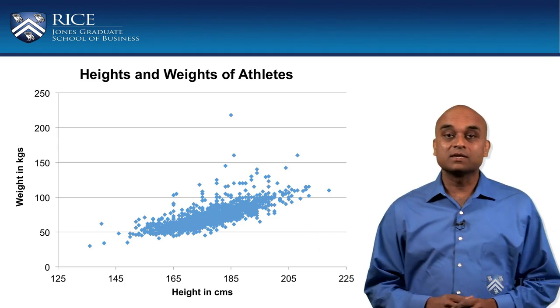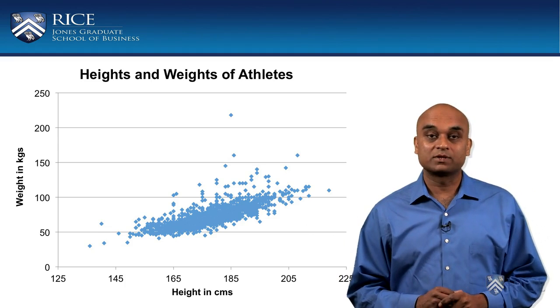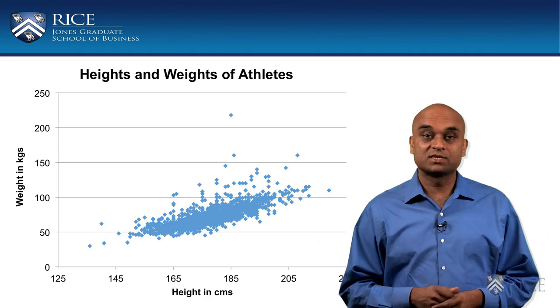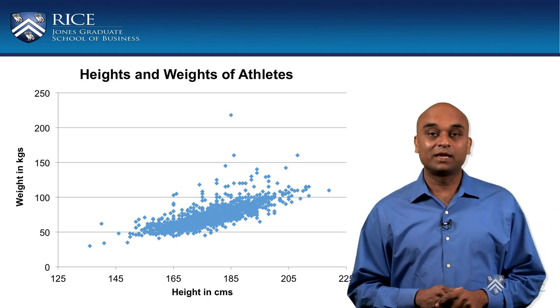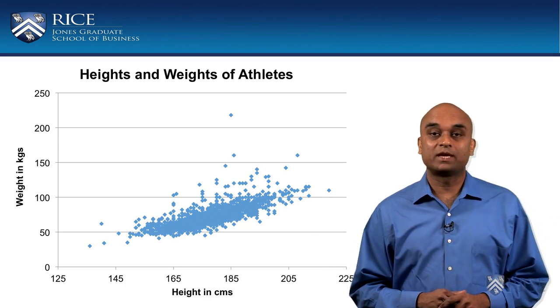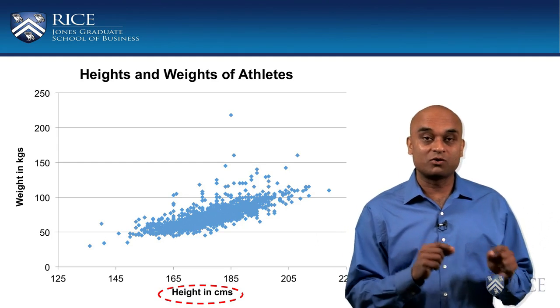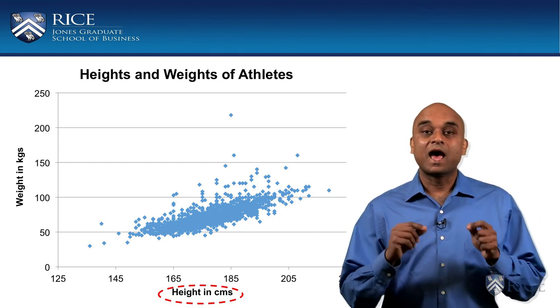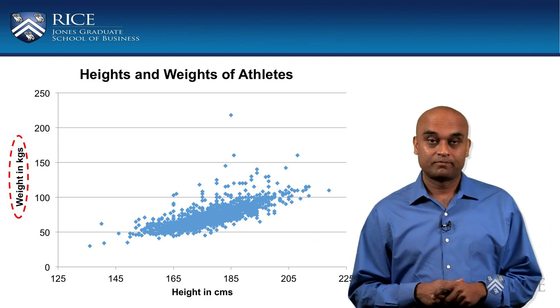A scatter chart is a visual representation of the relationship between two variables, and we analyzed the relationship between the height and weight of certain Olympic athletes from a recent Olympic Games. Heights being represented on the horizontal axis and weights on the vertical axis.